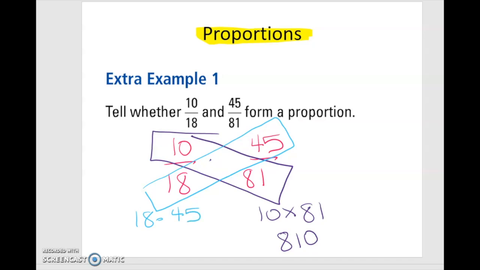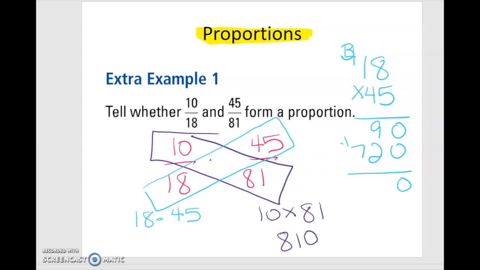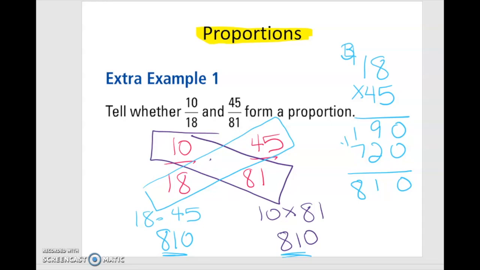If I can't do it in my head, there's nothing wrong with multiplying out 18 times 45 over to the side. That's not a problem if you don't have that all memorized. I get 810 as well, and notice the cross products are the same. So again, two different ways to say yes, they are proportional.